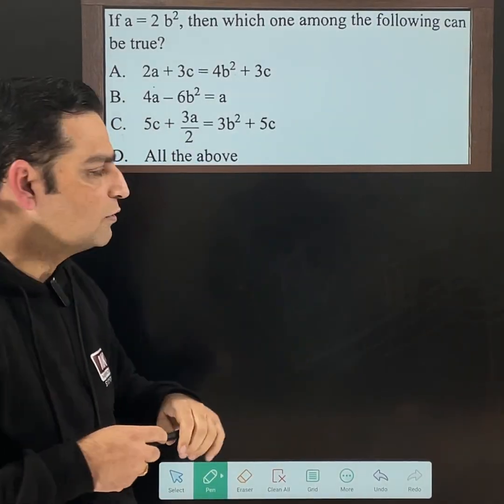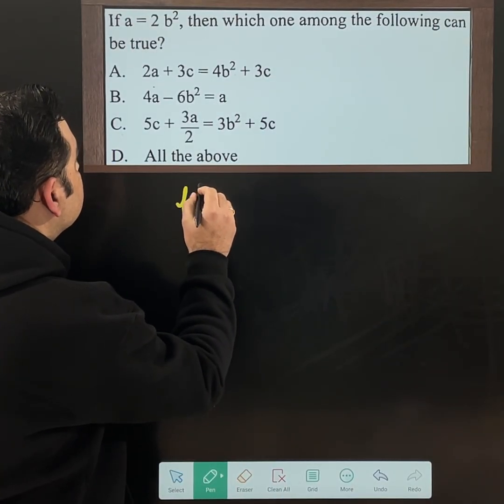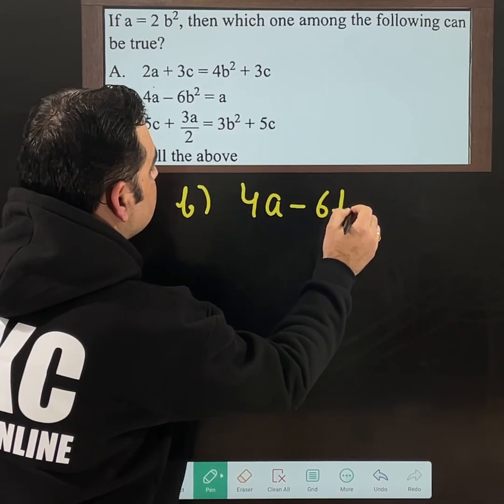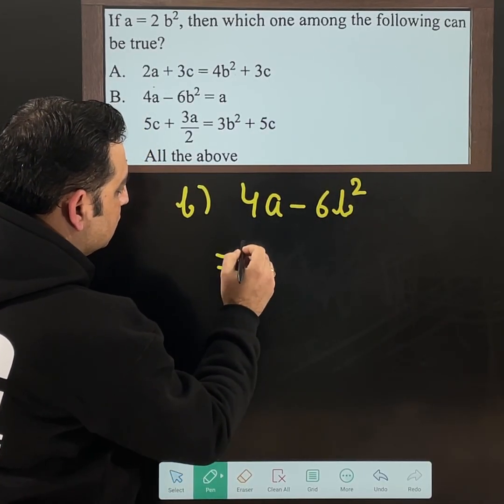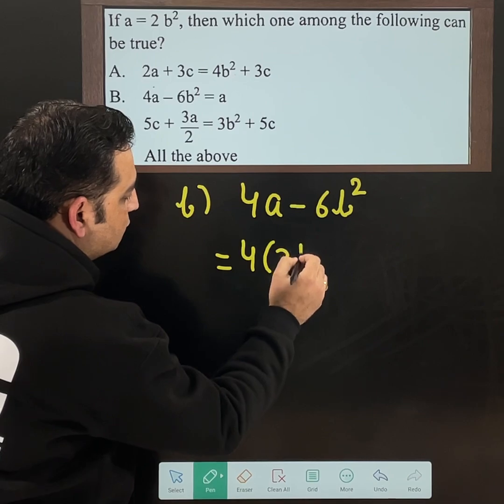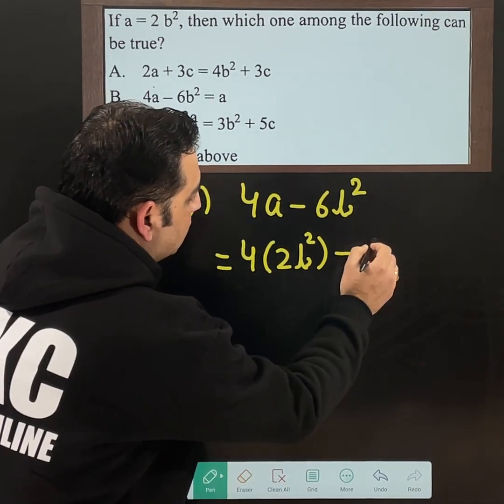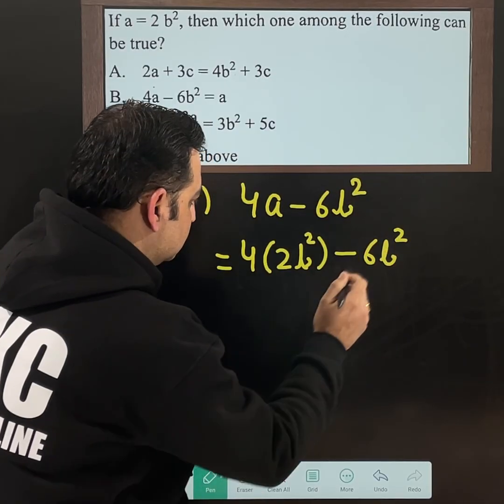Let me try for the next one. B option. It is 4A minus 6B square. What is the value of A given? Value of A is given as 2B square, right? And we need to subtract 6B square.